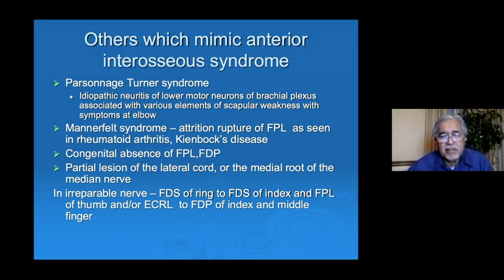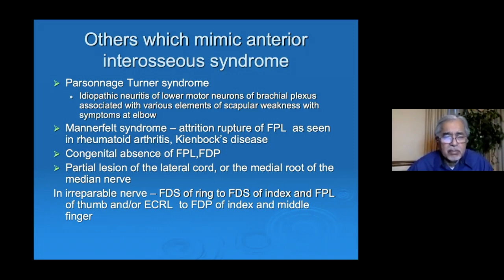Congenital absence of FPL or FDP will also give a similar kind of problem with the creation of the OK sign. A partial lesion of the lateral cord or the medial root of the median nerve can also give this appearance of anterior interosseous syndrome.